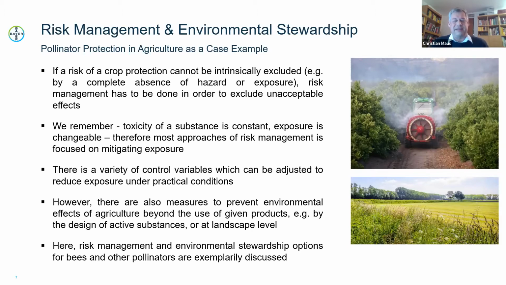The toxicity is hard to change, but the exposure is changeable. And that's where the majority of risk management measures are having their effect. There are also different measures, like the design of new substances, or measures at landscape levels, but we will come later to that.